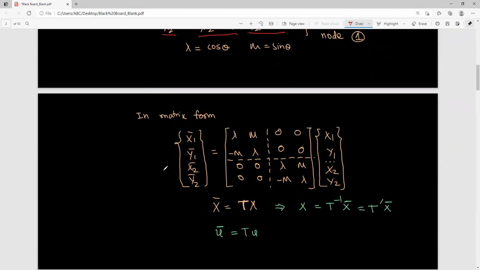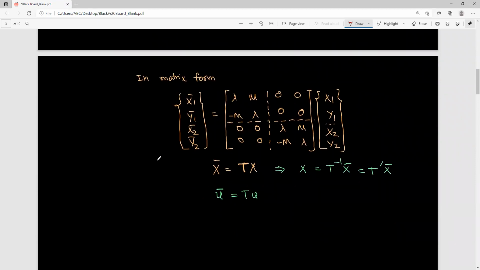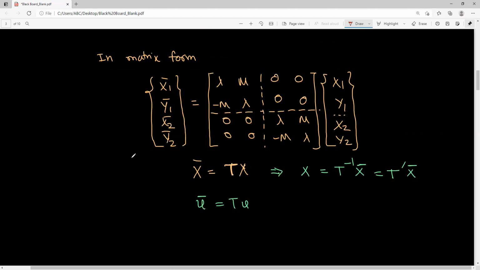The forces on the left side, as you may see in this slide, are in the local coordinate system, and the forces on the right-hand side are in the reference coordinate system. So those forces are related by some matrix.